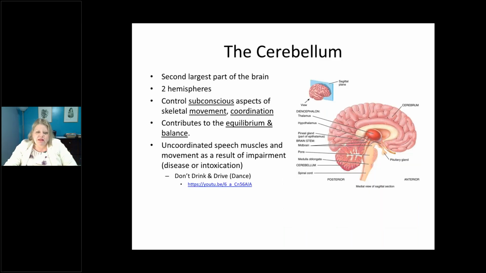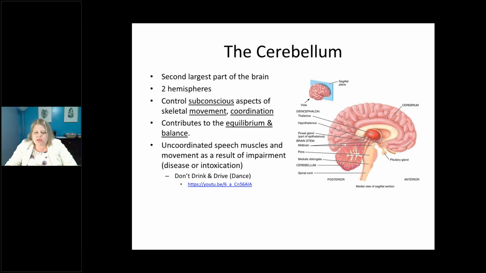The cerebellum, which is the second largest part of the brain, has two hemispheres, right and left, and it's located at the posterior inferior aspect of the brain, posterior to the brain stem. The cerebellum is involved in subconscious skeletal movement and coordination.